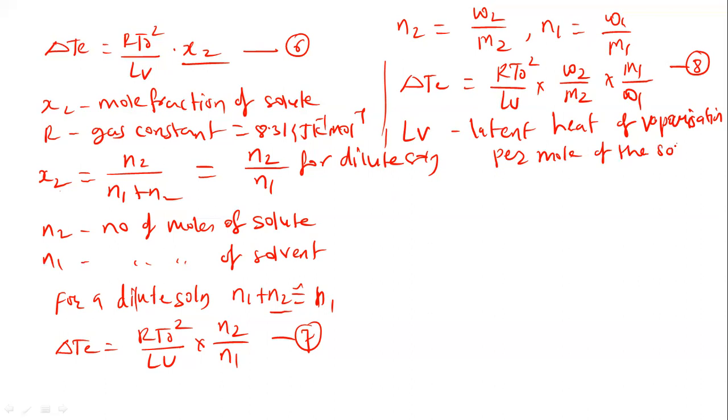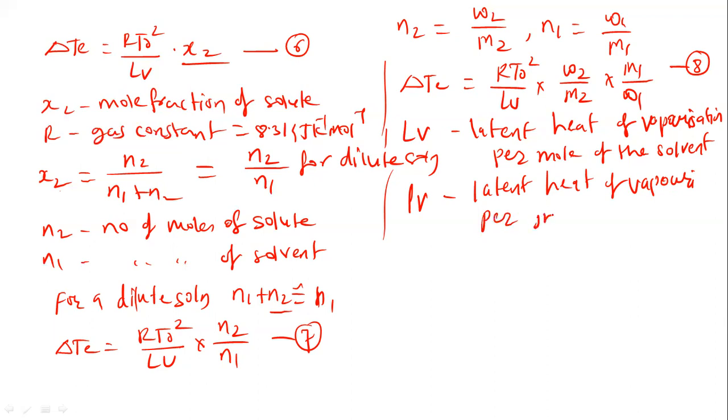Now let us convert this to per gram of the solvent. So in this case, small lv is the latent heat of vaporization per gram of the solvent.